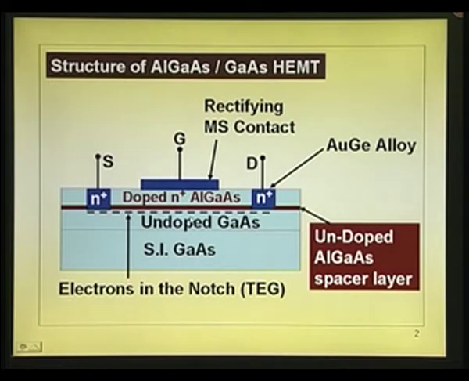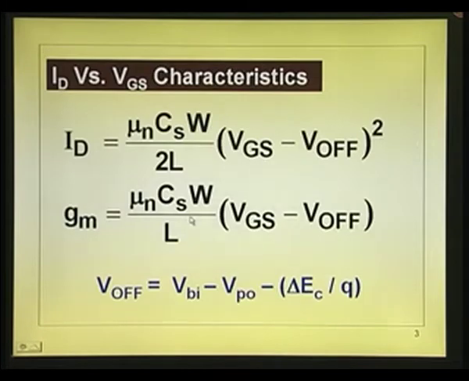So, what we say is, the threshold voltage of that device, or the off voltage of the device, will be given by VBI minus Vp0 minus delta Ec by q. Please remember, VBI minus Vp0 by itself has a polarity. For example, if VBI is larger than Vp0, this is positive. That is what we saw as the enhancement type of MESFET.